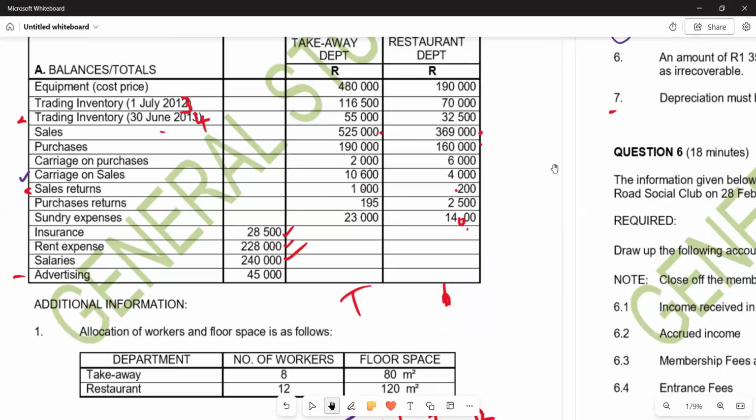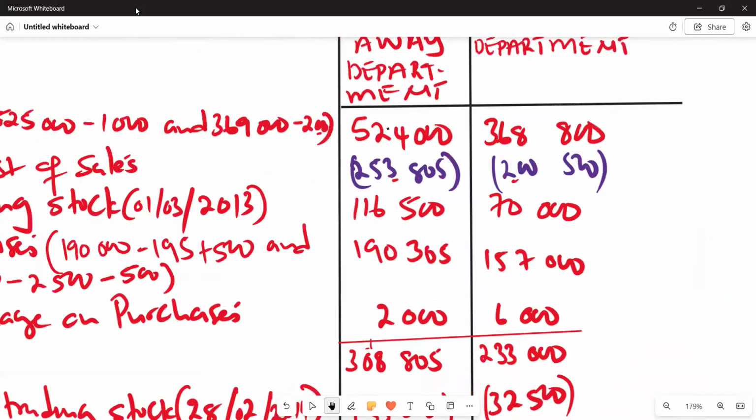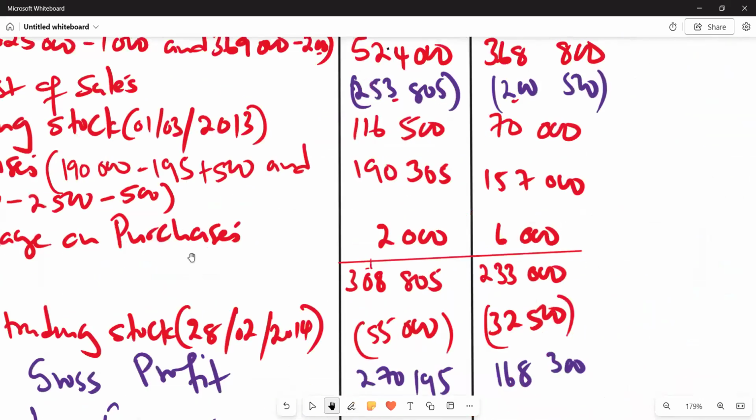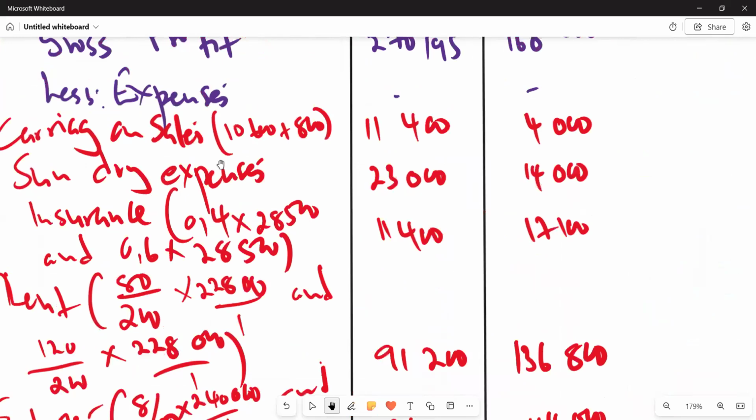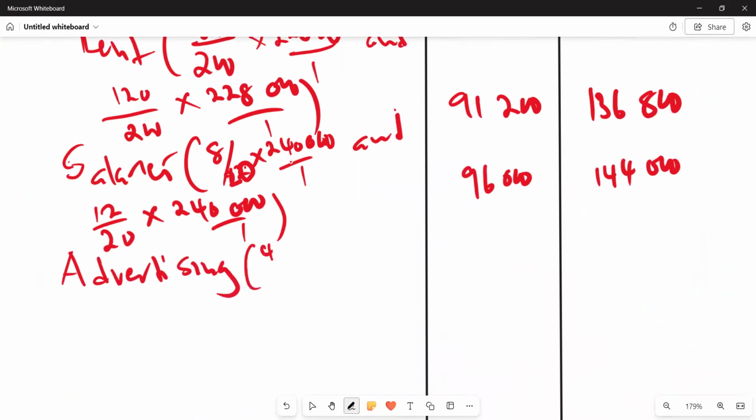So here now we're saying advertising, 45,000 divided by 2.